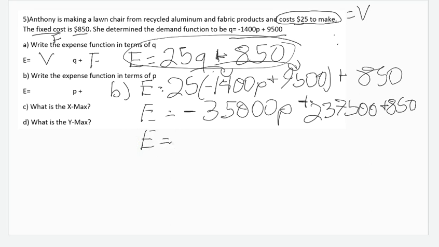So E is going to be equal to $238,350. So that would be the expense for B. Okay.